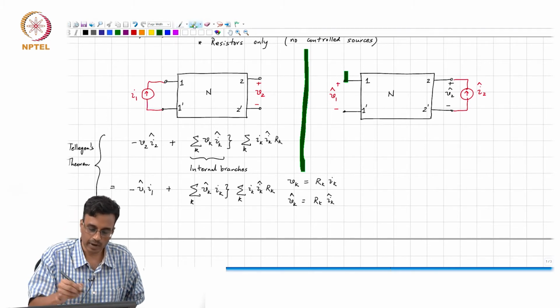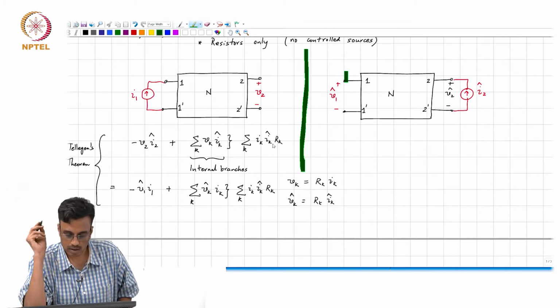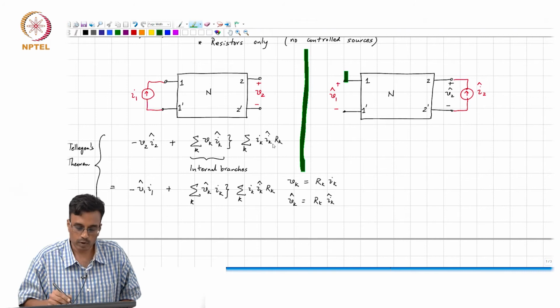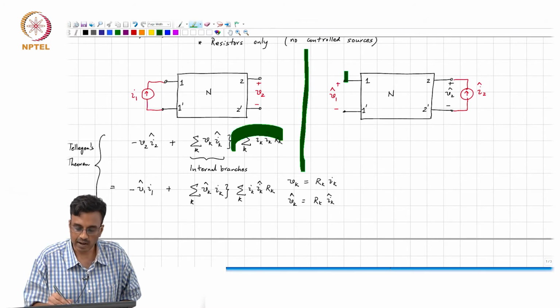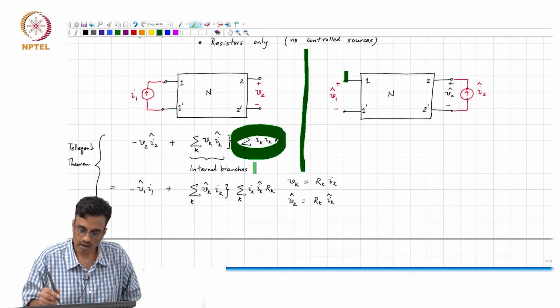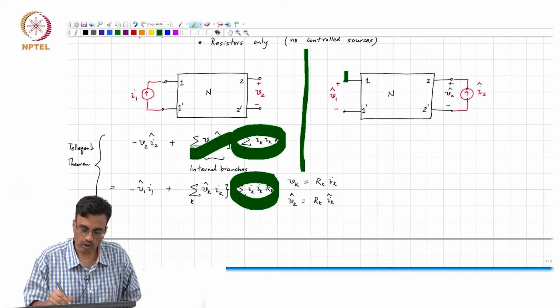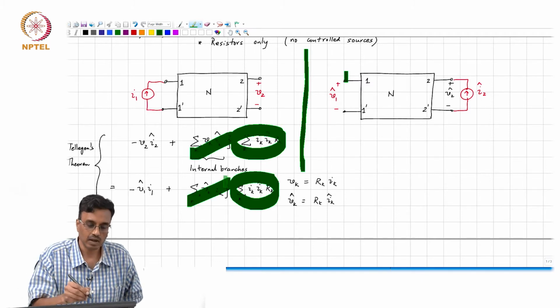What does this throw up? These two quantities evidently are the same, and therefore, what do we get?